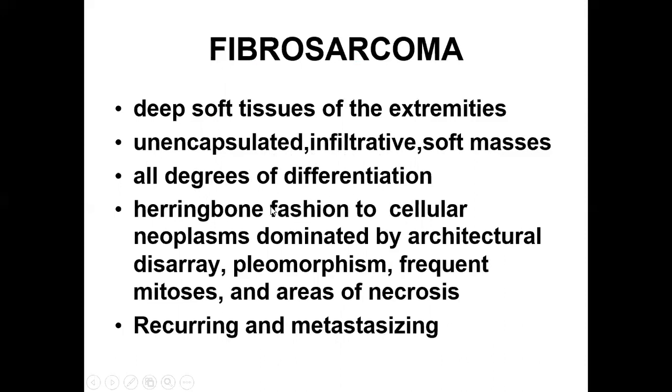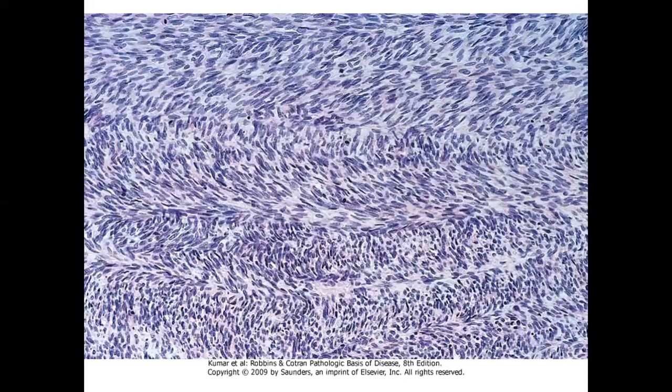The cells in fibrosarcoma are arranged in a herringbone fashion, and sometimes they may show architectural disarray, pleomorphism, frequent mitosis, and areas of necrosis. They often recur and metastasize to distant sites.